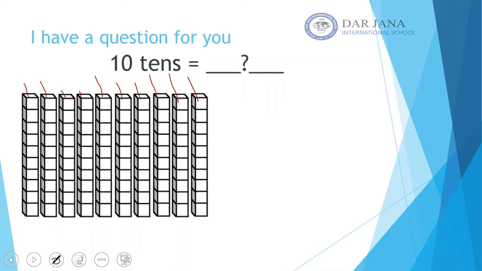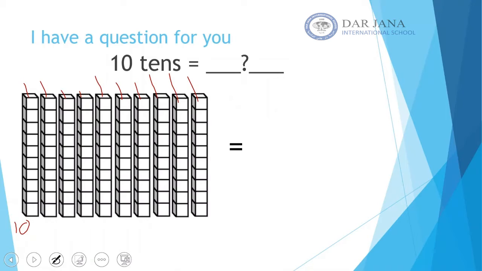So, when I have 10 tens, the value of each ten is 10, right? Because 1 ten equals 10 ones. So, if I put 10 tens together, what do I get? Let's try to count.